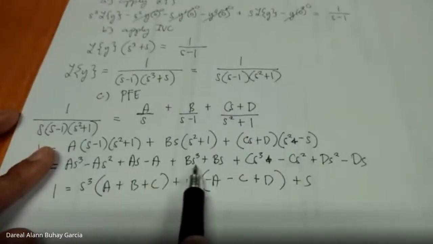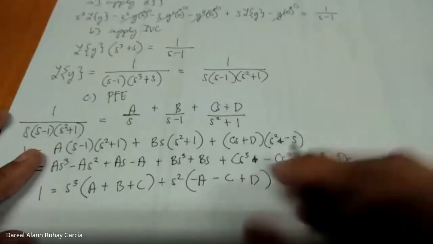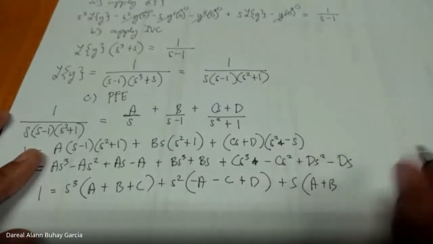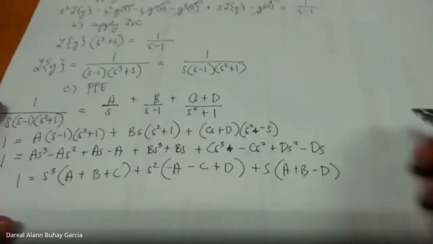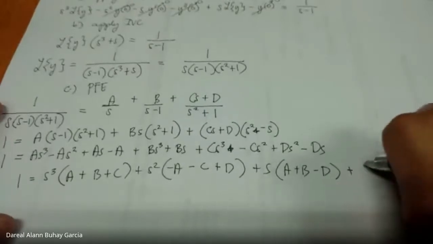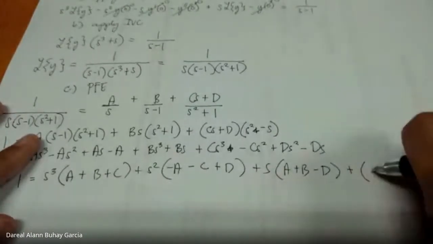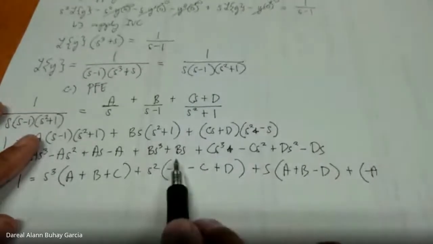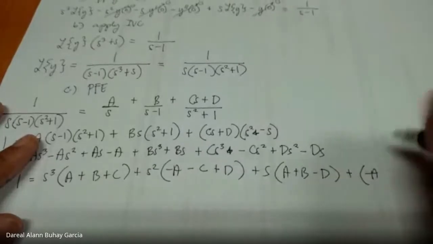The s terms: a plus b minus d. Plus all the constants: negative a.